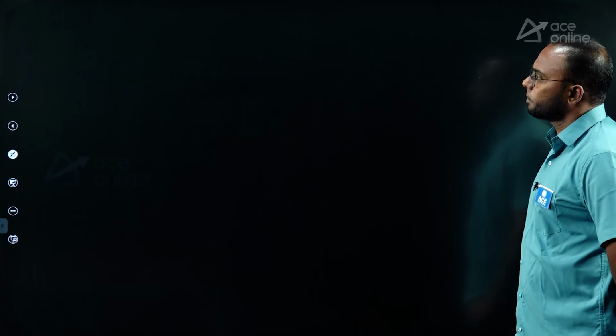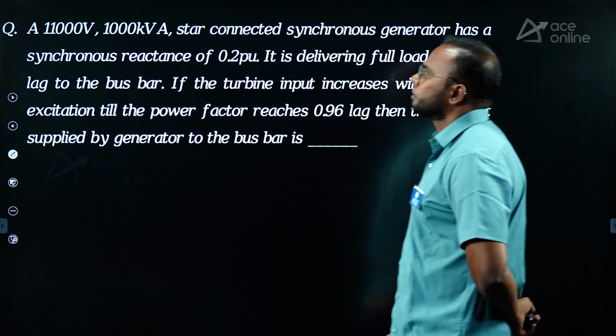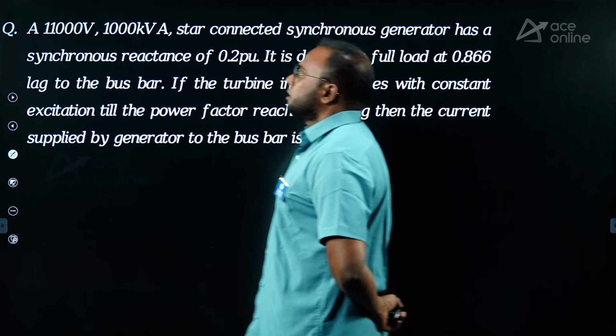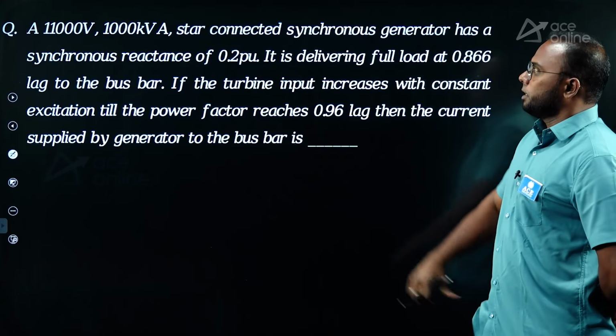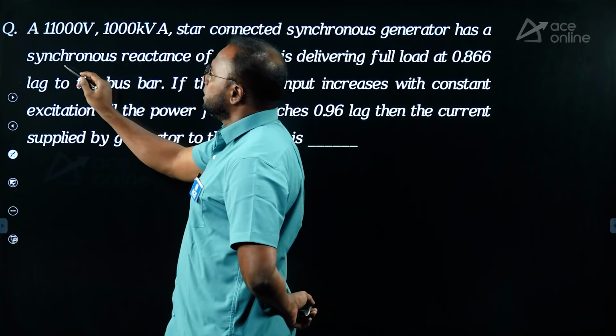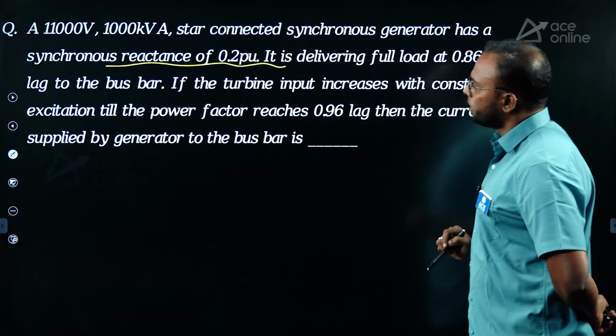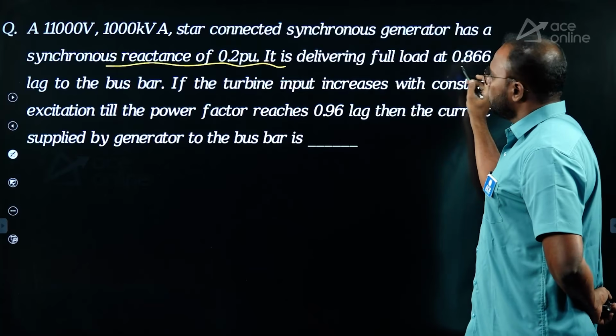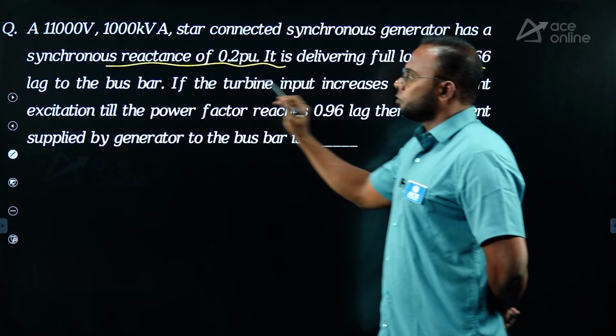Next question. See this question. An 11,000 volt, 1000 kVA star connected synchronous generator has a synchronous reactance of 0.2 per unit. It is delivering full load at 0.866 lagging to the bus bar.